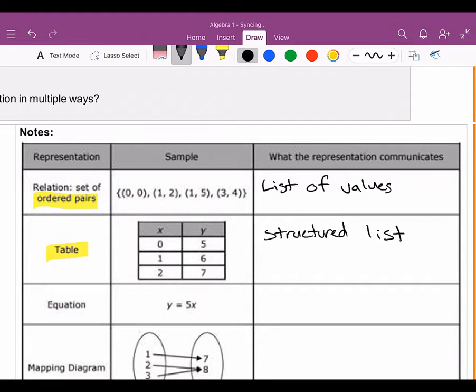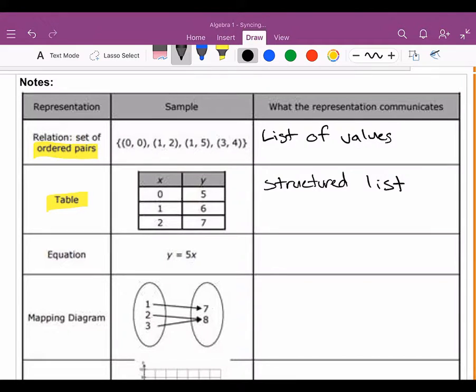The equation. Now the equation, y equals 5x, it's something we're used to looking at. You can solve for any number of x. So it's not just certain points or tables in a list, but more of a generalization. In general, if for any x you plug it into the equation, what y would you get? So input, output. If you put something in, you get one value.